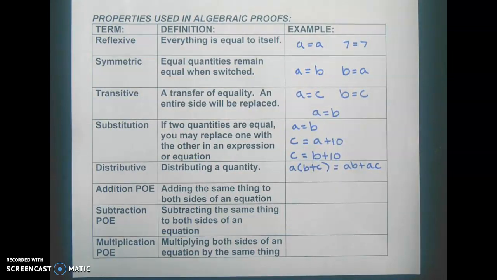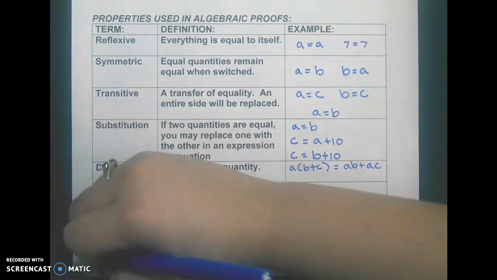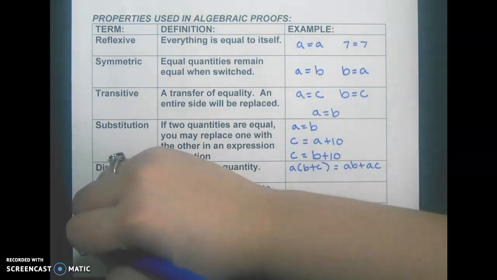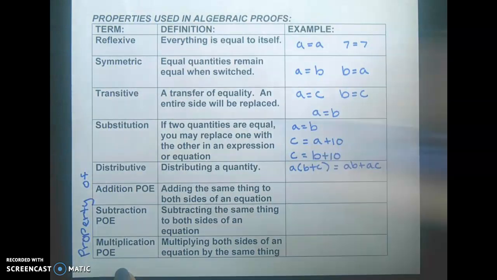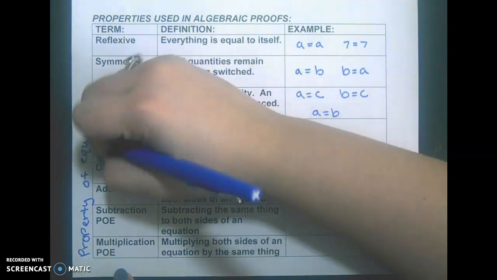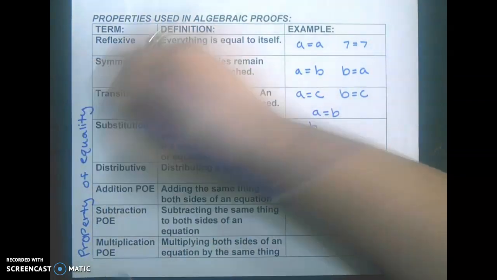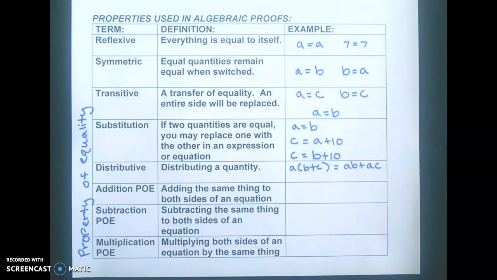All right, now POE, these last three that we're talking about here have POE on them. I'm sorry, there's a fourth one, there's one on the back side. When you see the word POE, that means property of equality.